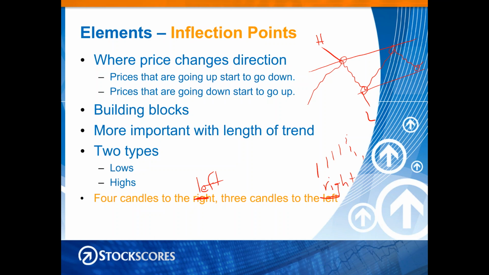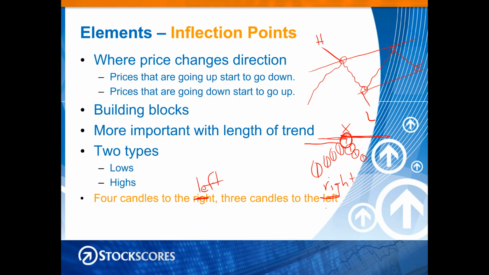Here we have this candle has 4 candles to the left, 1, 2, 3, 4, that are below the high of that candle. And it has 3 candles to the right that are below the high of that candle. So we can call this an inflection point high. So just keep that really simple rule in mind. 4 candles to the left, 3 candles to the right.